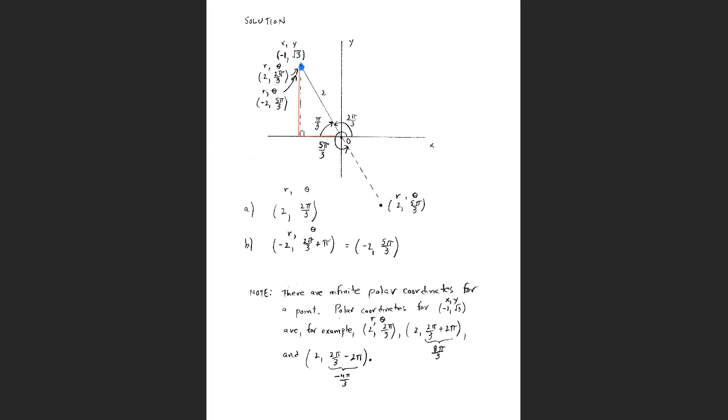So this is from your trig days. It's a 30, 60, 90 degree right triangle. Because x is -1 and y is √3, the reference angle is going to be 60 degrees, or pi/3.